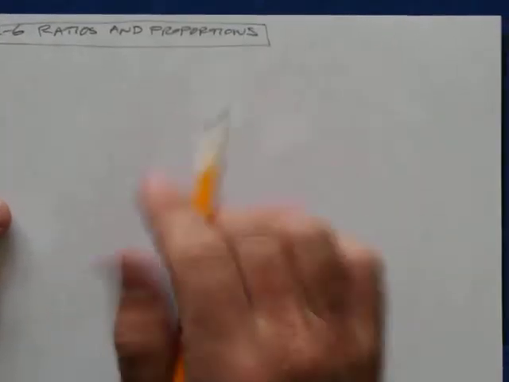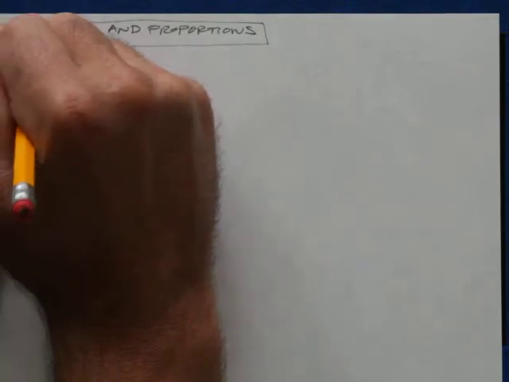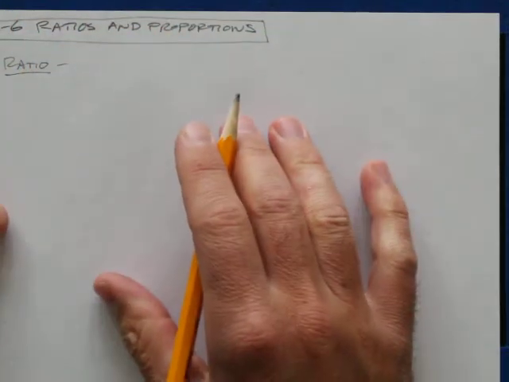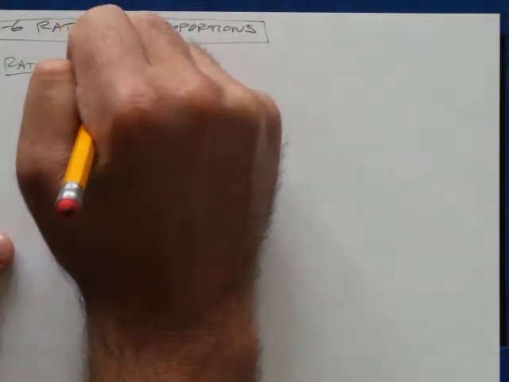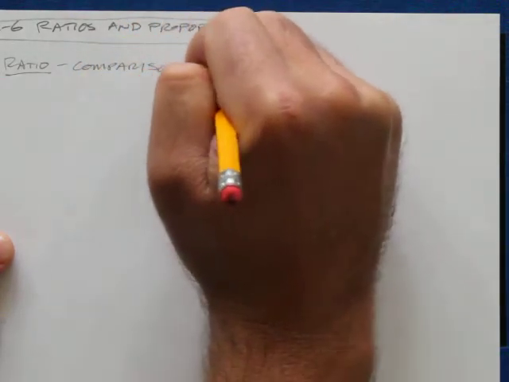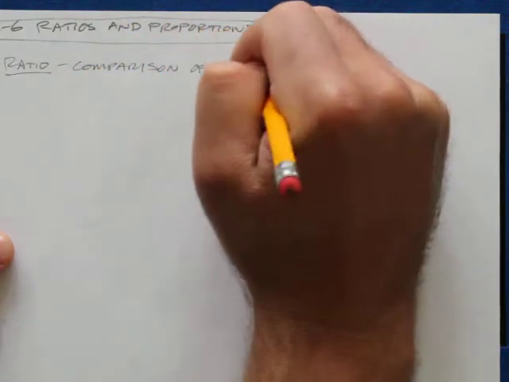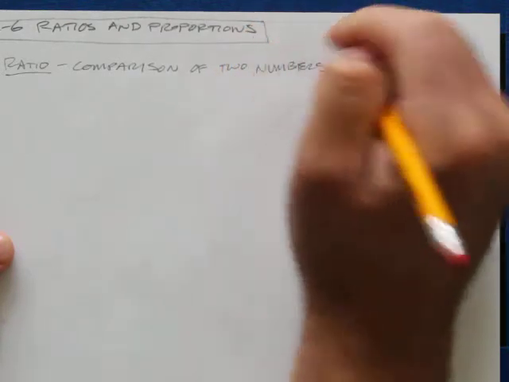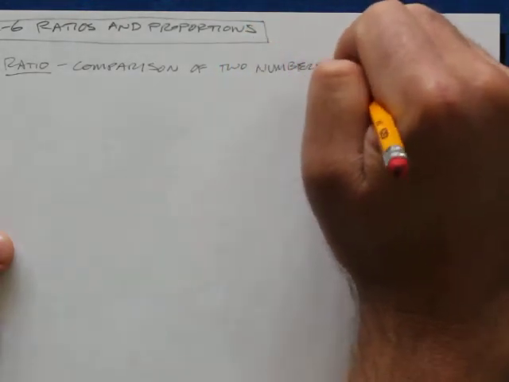Ratios and proportions. So a ratio is a comparison of two numbers by division.